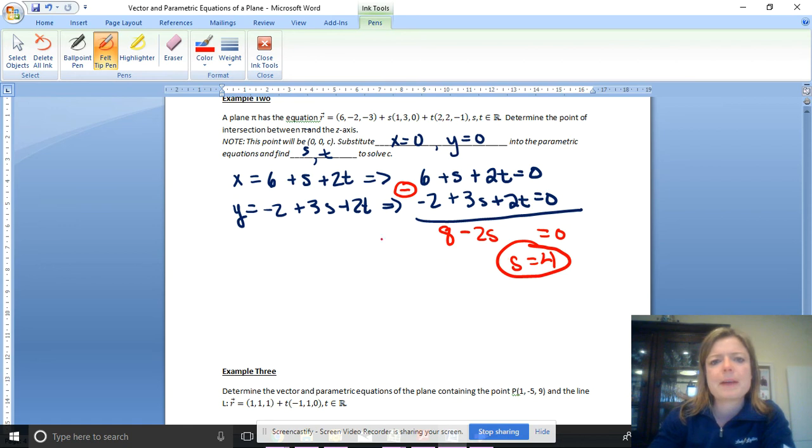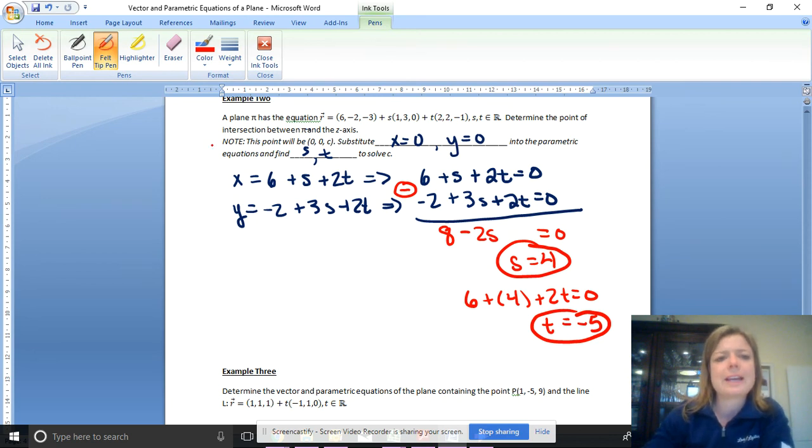So we can put that back into either of the equations. So for example, 6 plus 4 plus 2t equals 0, and solve to find that t equals -5. So now we just put these parameters into the z parametric equation, which is -3 plus 0s minus t.